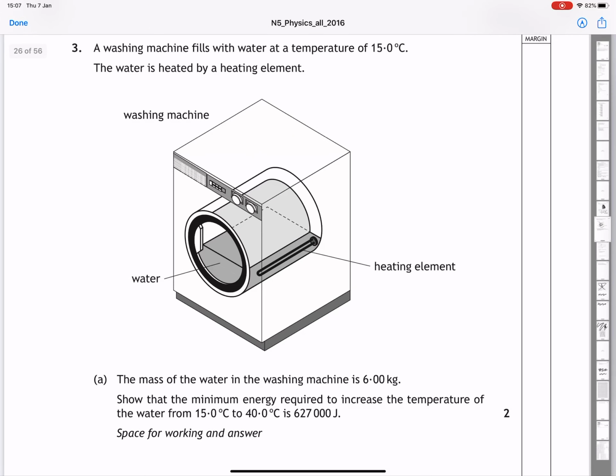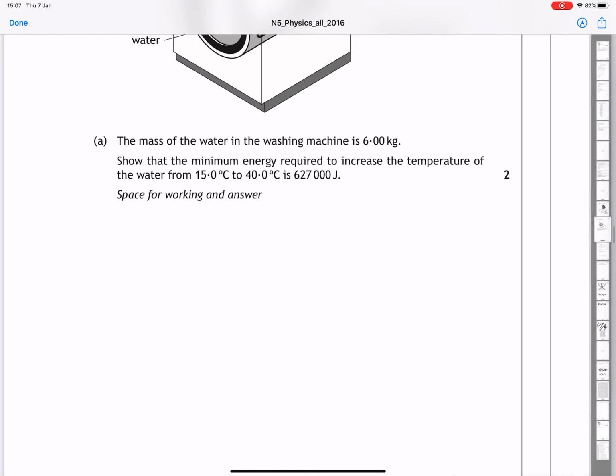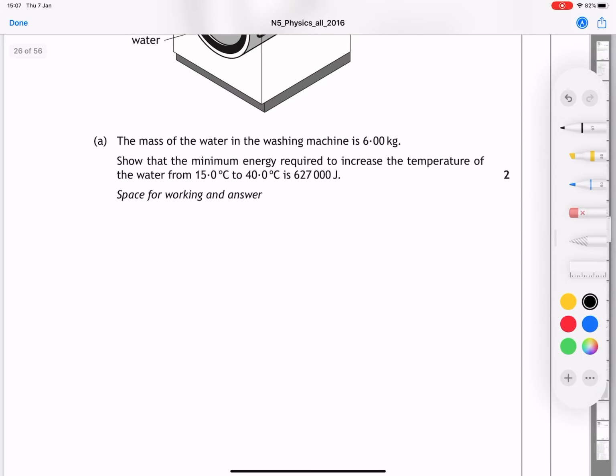Right, number 3, this is a show that question. Show that the minimum energy required to increase a temperature. So as soon as you see a question that's increasing temperature, that should be triggering E equals c m delta T. From your data sheet at the start, it's water that's in the machine.